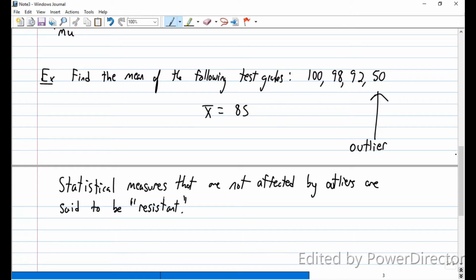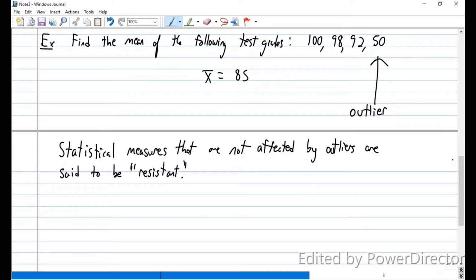Going back to deviations, let me show you what a deviation is. Because we said that a deviation is how far a data item is from another data item. Well, I found the mean to be 85 here. So I'm going to make a little table and show you the deviation of each data item.